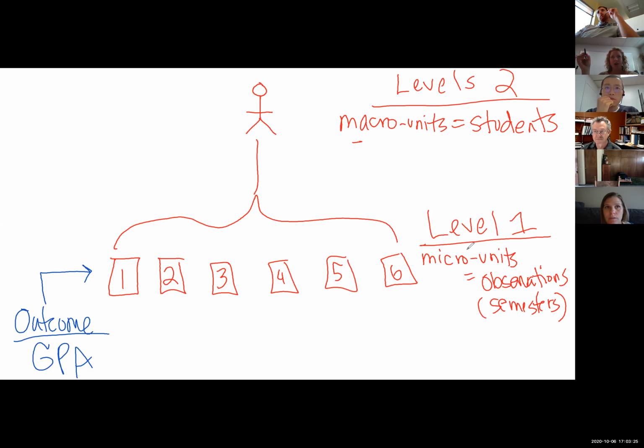Okay. Now, what are the predictors, our independent variables, at level 1 or 2? Let's decide. Hours worked. Is that a level 1 or a level 2 variable? It could be either, but in this situation, I think probably a level 1. Why do you say a level 1, Joey?